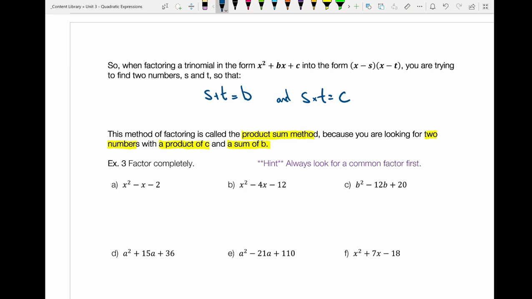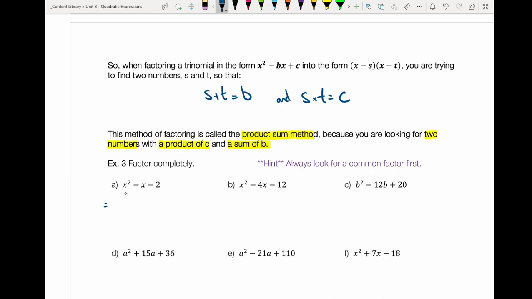When I have my trinomial, I should be factoring it into two binomials. One hint: we want to check to see, is there a common factor first? If not, that's fine, then we can move on to using our product and sum method. But we always want to look for that common factor first.